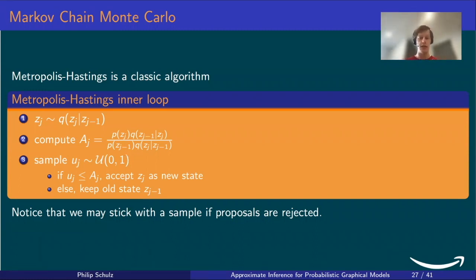Just notice that it basically gives a threshold for whether or not to accept the sample, right? And then we basically draw from a uniform distribution between 0 and 1. If our draw is below the acceptance threshold, then we'll accept Zj as a new state. Otherwise, we'll reject that current proposal Zj and use the previous sample instead.